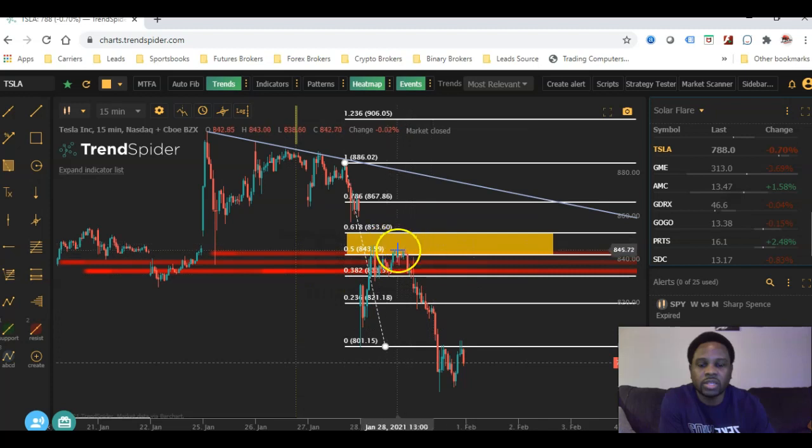Right at this level, we got a very strong resistance level with the heat map. Plus, we're looking at a 50% retracement area that it is coming into as well, which is a strong sell signal. So this is giving me extra confluence on this Tesla to go ahead and jump into that trade.